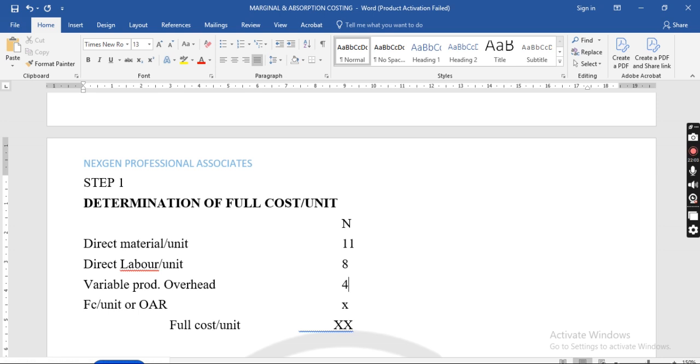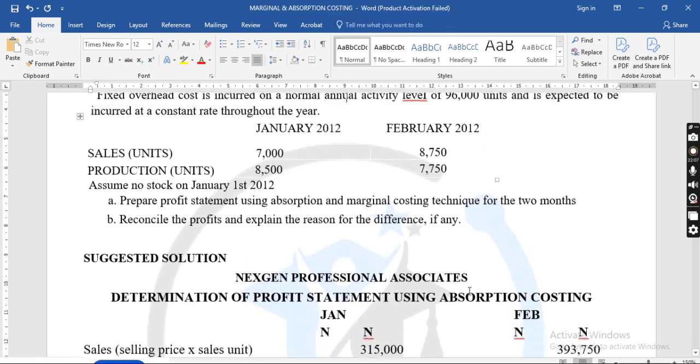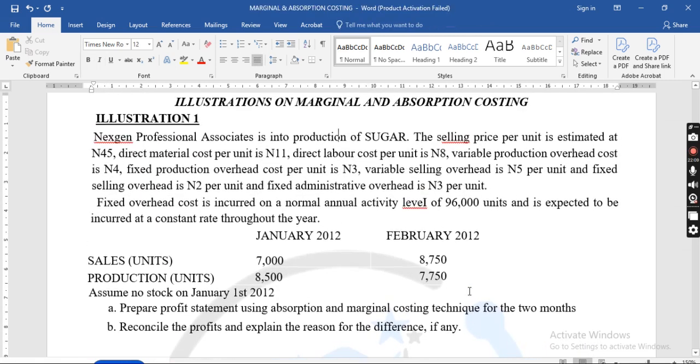Now, for the next overhead that we have, I know some students will go and add fixed selling overhead as part of full cost, because it is fixed. No, fixed selling is for sales. It is not for production.